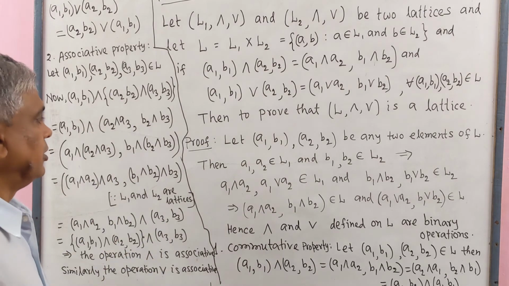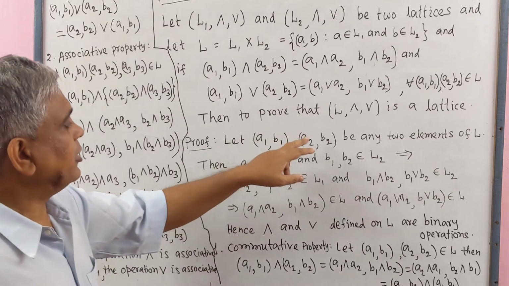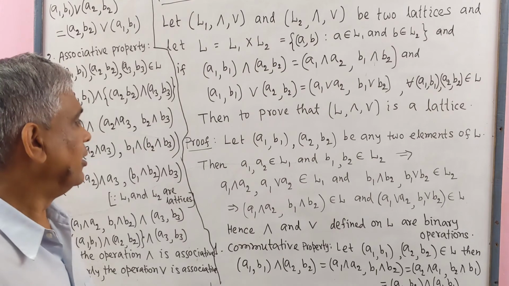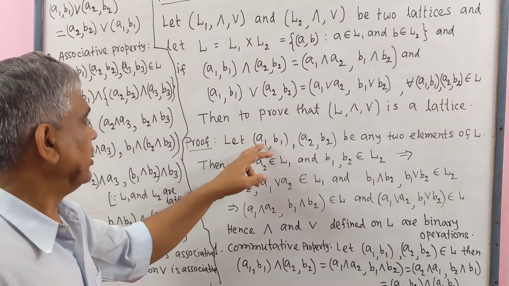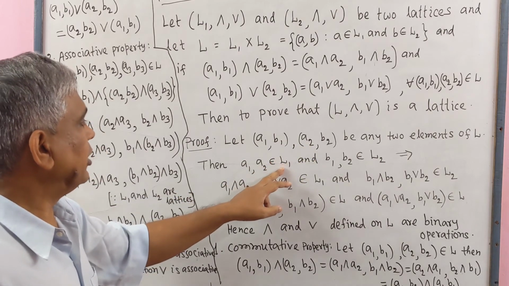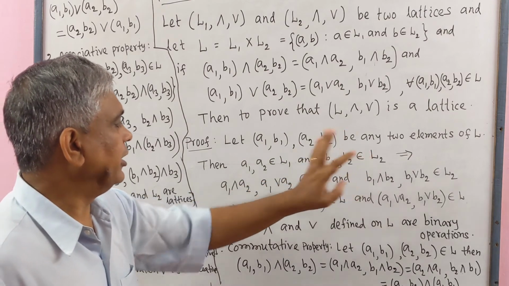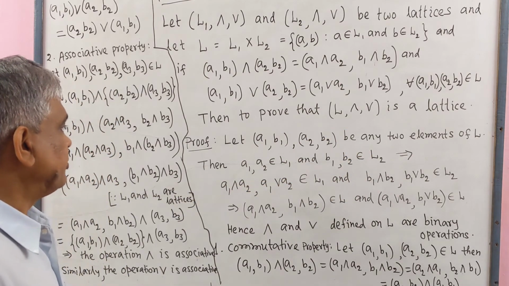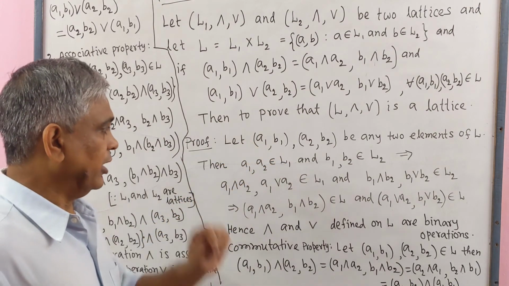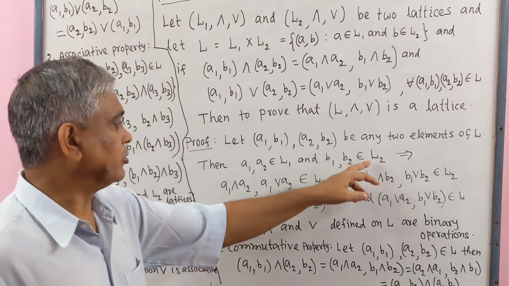Proof. Let (A1, B1) and (A2, B2) be any two elements of L, where A1, A2 belong to L1 and B1, B2 belong to L2. That means the first components of the ordered pairs belong to L1 and the second components belong to L2.